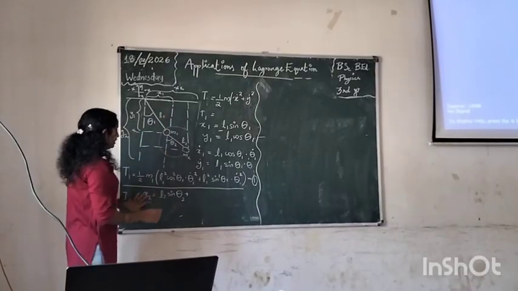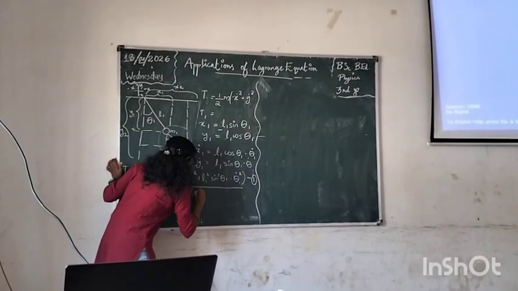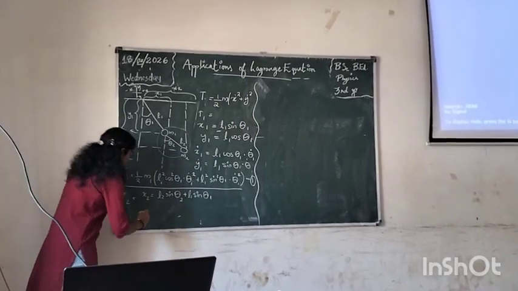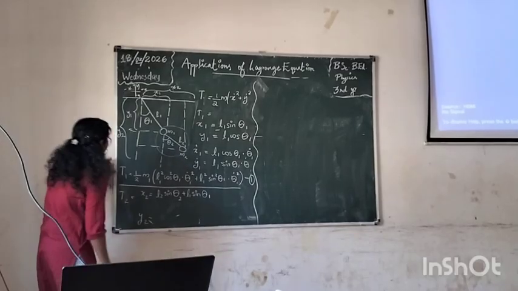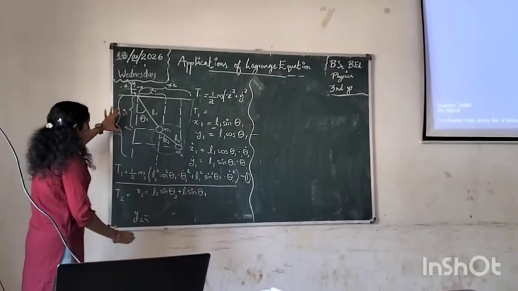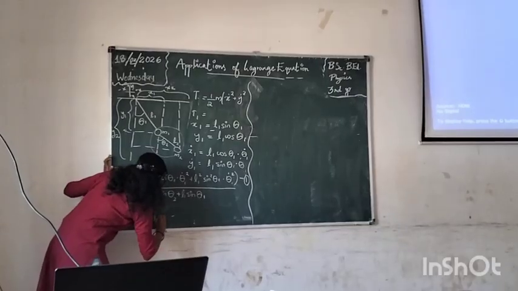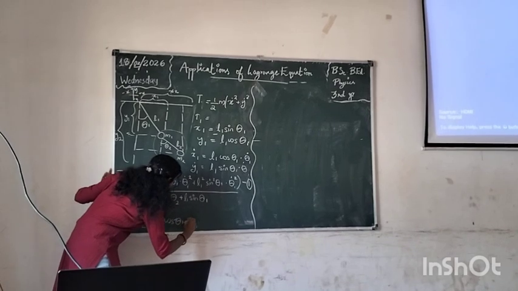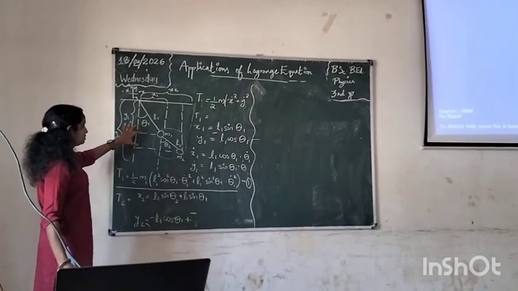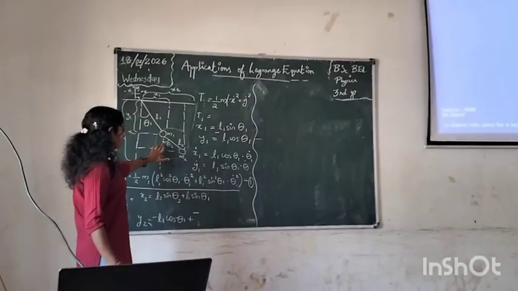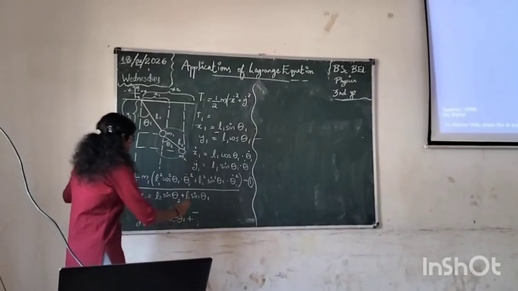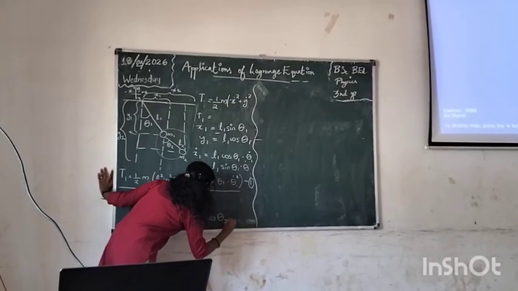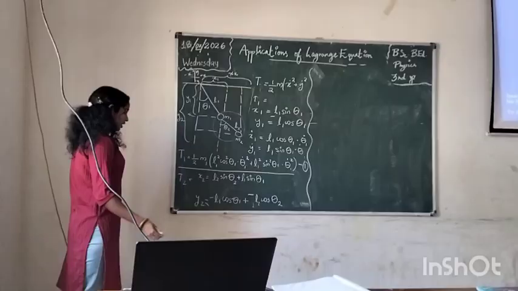So plus x1, x1 is L1 sin theta 1. So this is our x2 term. Similarly the y2 term will be y1 plus this part. First we can write y1, minus L1 cos theta 1, and then minus L2 cos theta 2. So this is our y1, y2 and x2.